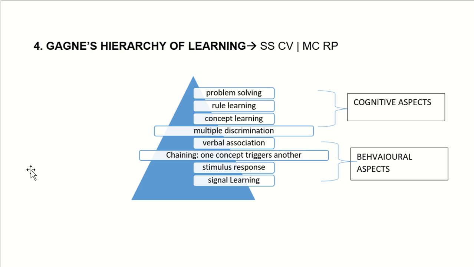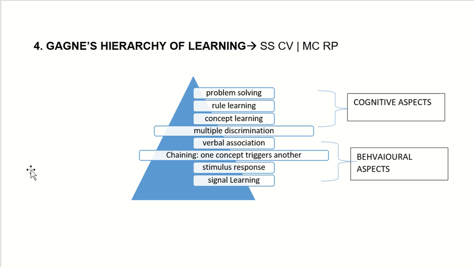Okay, we begin from signal learning, stimulus response, chaining, verbal association, multiple discrimination, concept learning, rule learning, and then problem solving. So before we solve a problem, how do we actually move towards solving a problem?